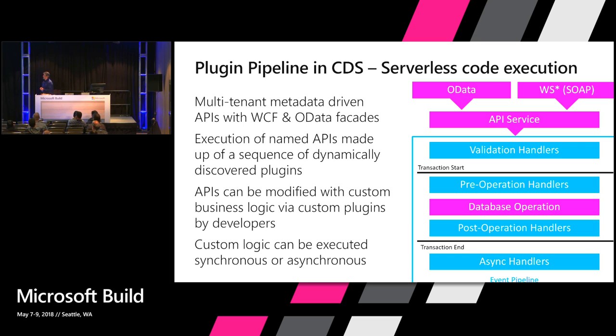Now, our plugin pipeline has a series of events. This is how our extensibility system fundamentally works. We have our OData, our web API, and our SOAP API that feed through what we refer to as an API service. Interesting little tidbit. Our SOAP API, our web API, and our OData 2 API all talk to the same API interface layer.